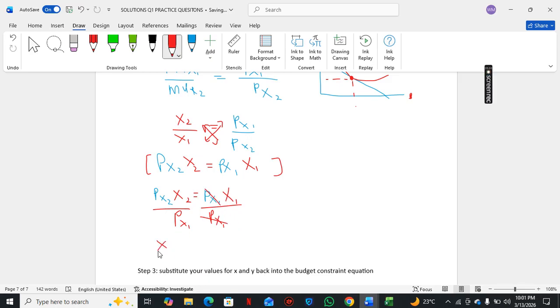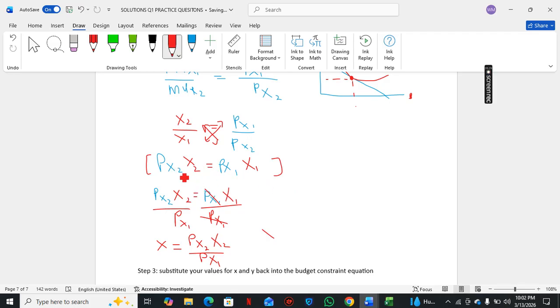Therefore you're going to say X1 equals PX2 X2 over PX1. Then for the other one you do the same thing.